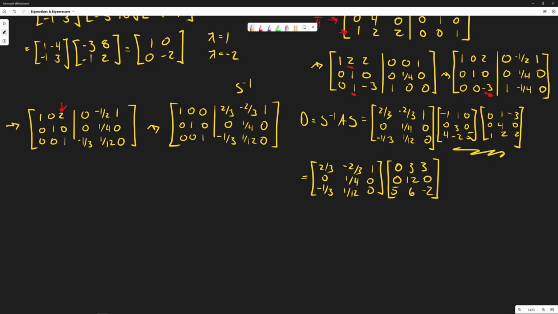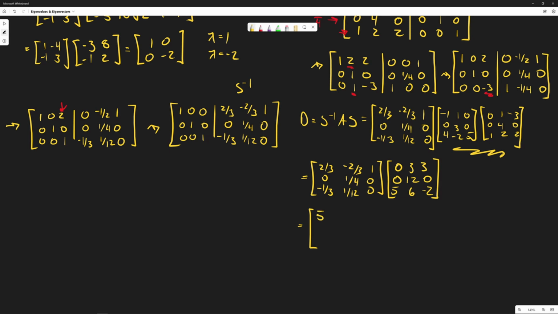And so multiply these two, and this will give you our answer. So we have 2/3 and 0, so it'll be 0, and then negative 2/3, 0, and then we have 1 and 5, so this would be 5.